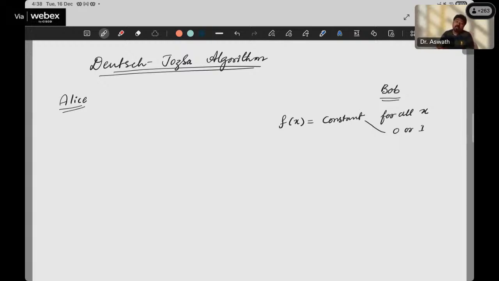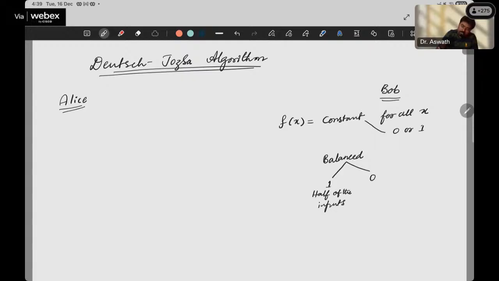There is another way this function can be: the function can be a balanced function. Balanced in the sense that for half of the input values, let's say from 0 to 4, it gives you 1, and it gives you 0 for the remaining half of the inputs.